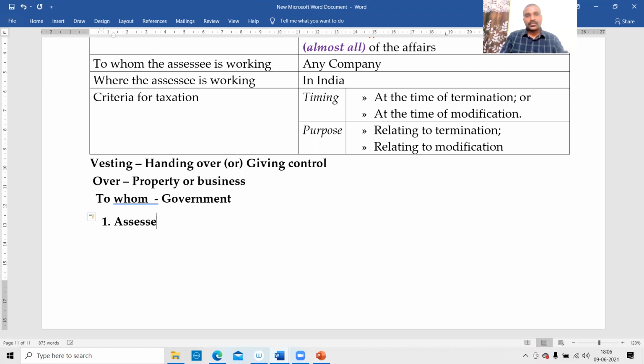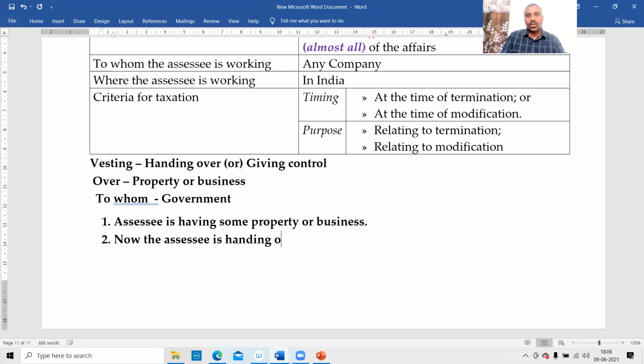Assessee is having some property or business. Now the assessee is handing over such property or business to the government. Government is paying compensation to the assessee.